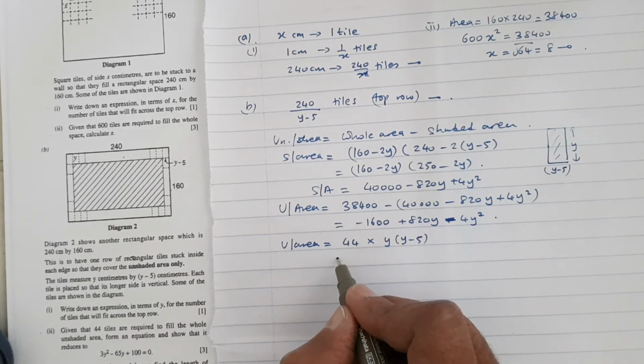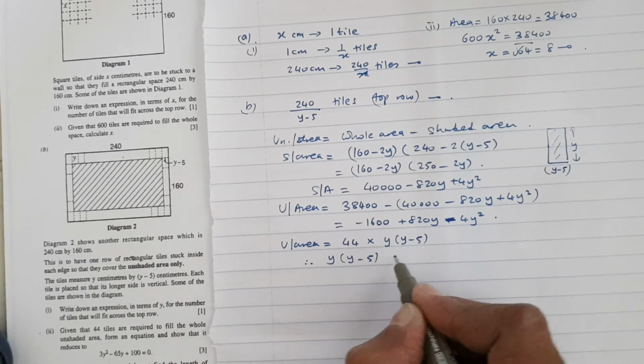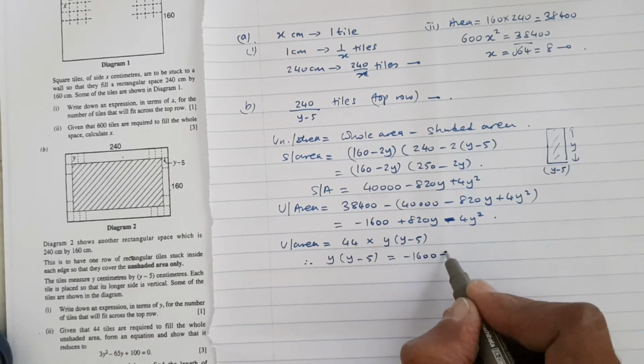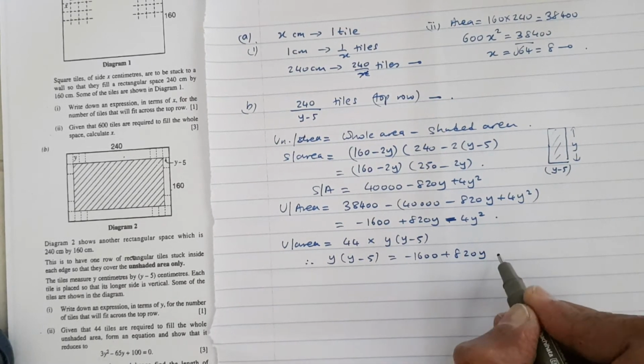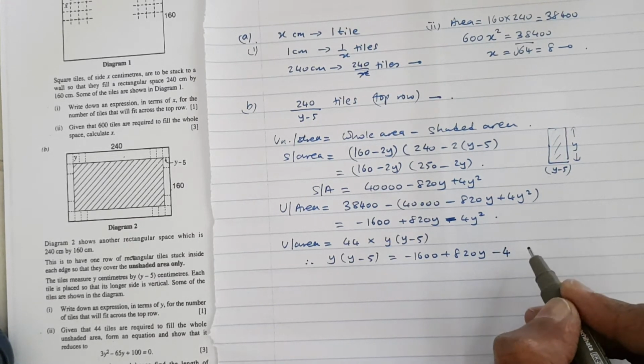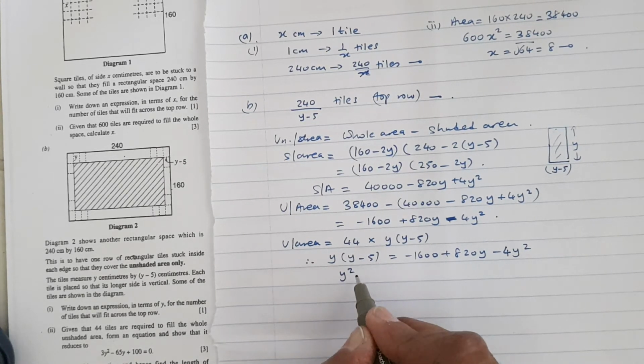So equating, we got then, therefore, y into y minus 5 is equal to minus 1,600 plus 820y minus 4y squared. So this is then y squared minus 5y.